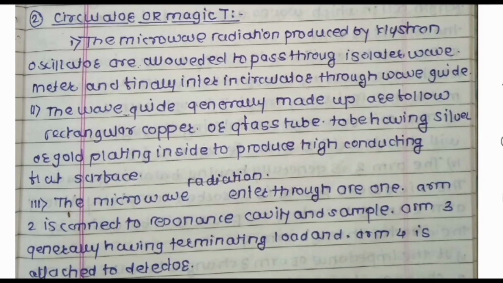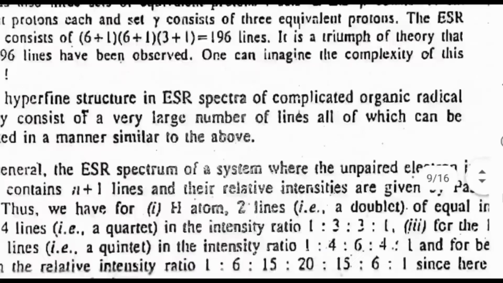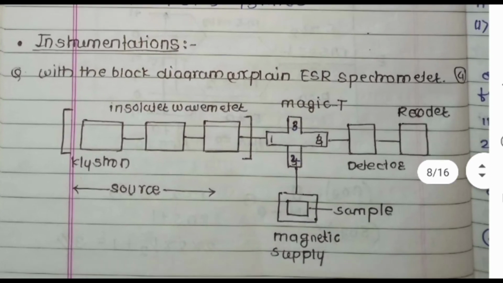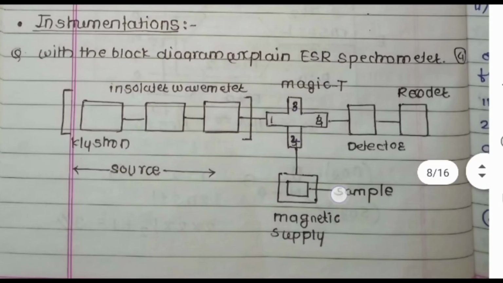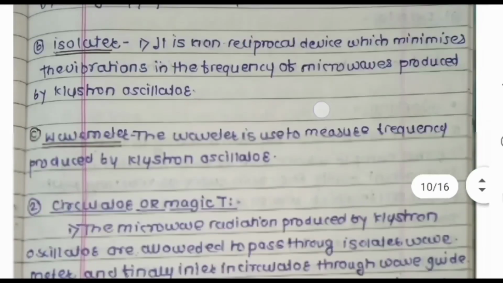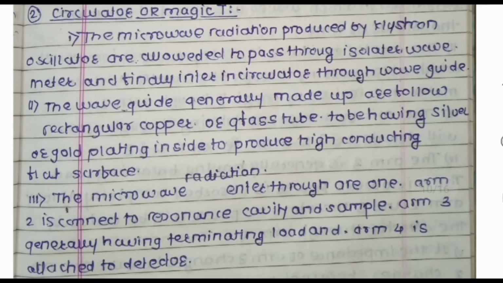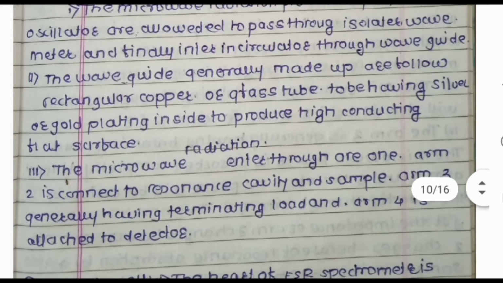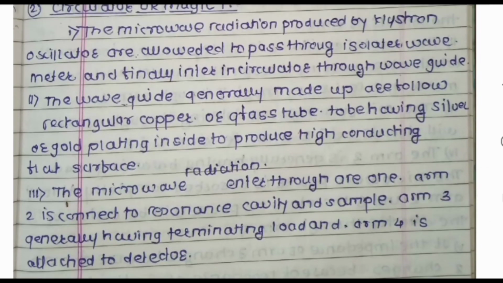Now the next component is the circulator or the magic T. As the diagram shows, the circulator or magic T consists of four arms, and how these arms work we can see in the working section. For our instrumentation purpose, the microwave radiations produced by the klystron source are oscillated and allowed to pass through the wave meter, and they finally enter the circulator through the waveguide.